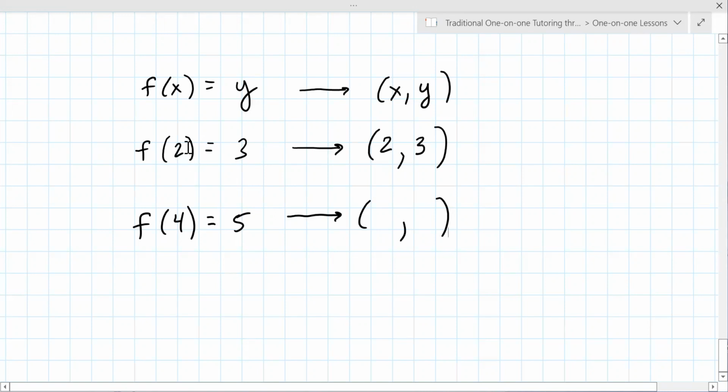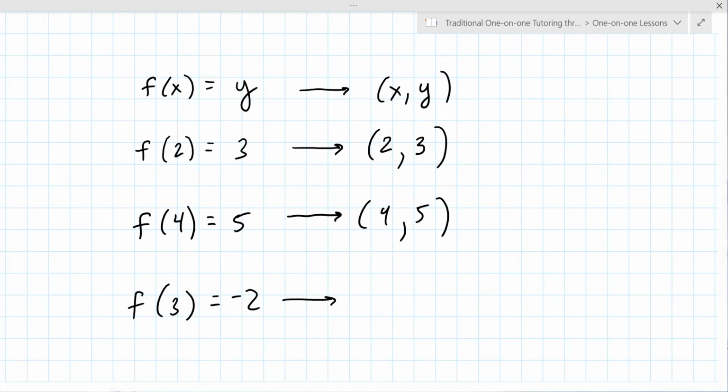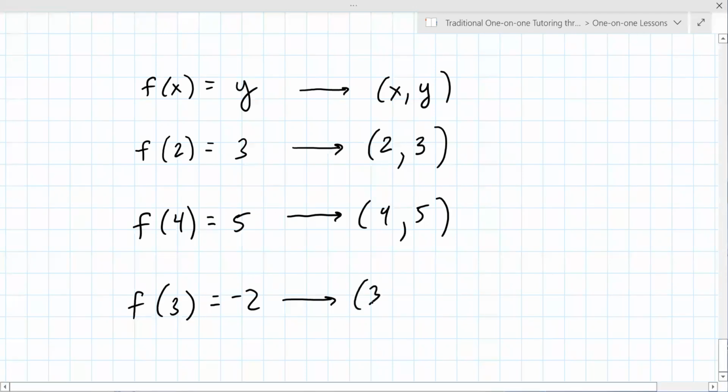Which number was x? The number in parentheses or the number off to the right? The number in parentheses, so 4 and 5. All right, so here's another one to try. f of 3 equals -2. 3 and -2. Very good. Okay.